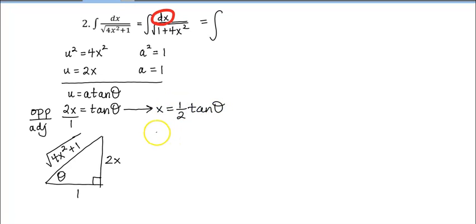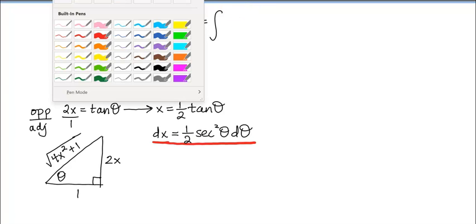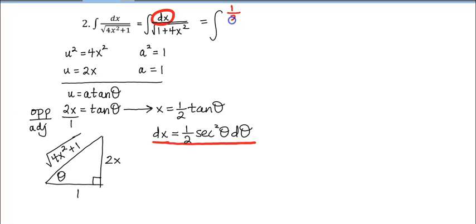Now that I know what x is equal to, I can differentiate both sides to see that dx is equal to 1/2, and the derivative of tangent is secant squared theta, and I still have that d theta on the end. So we've solved for dx. We're going to substitute that in for the numerator. We have a 1/2 secant squared theta d theta.